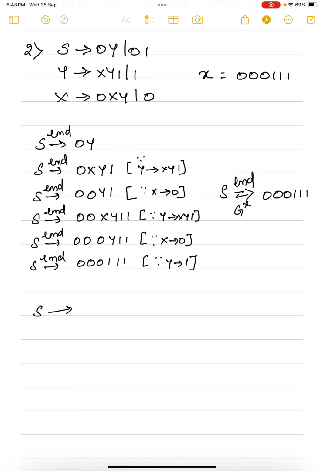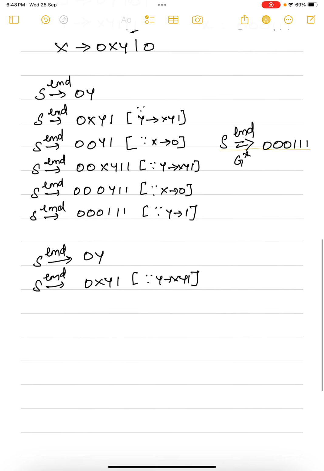Now we'll try and derive another leftmost derivation. We have to start only with Y. Again for this Y, we have to use only Y goes to XY1, because if we use the production Y goes to 1, it will be a terminal, so we can't use that. So we are going to use this one.